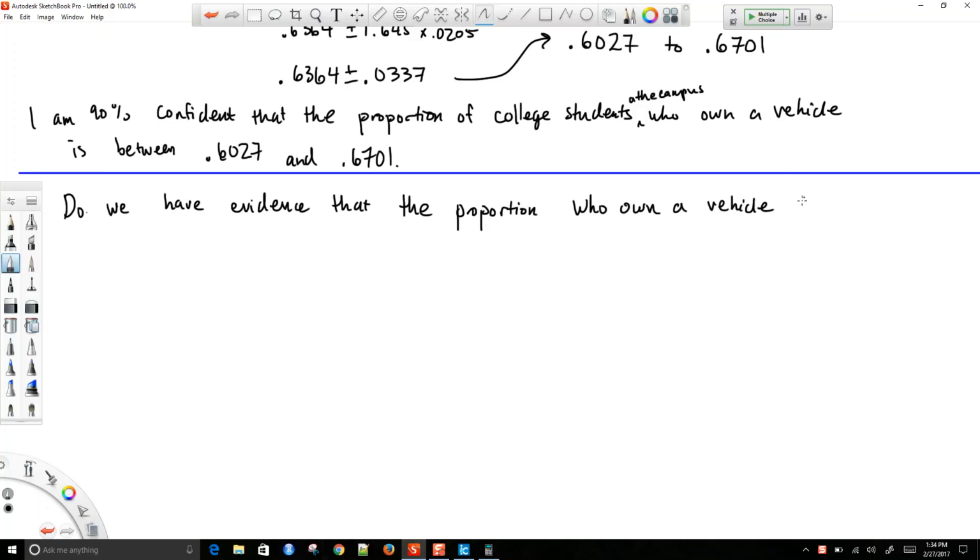Do we have evidence that the proportion who own a vehicle is not 0.63? Do we have evidence that the proportion who own a vehicle is not 63%? What do you guys think?